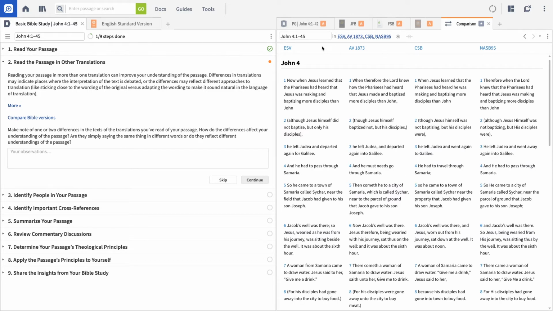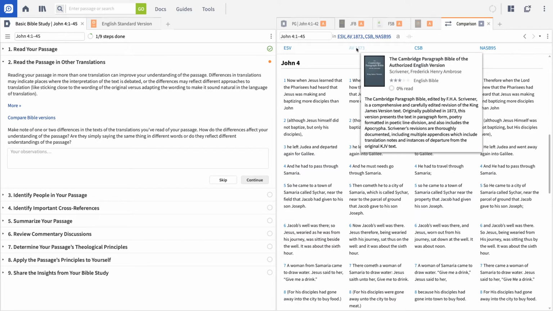So this is ESV. This is some sort of paragraph Bible. I'm not super familiar with this particular resource. Carefully edited and revised, an edited revision of the King James Version text originally published. This version presents the text in paragraph form. Poetry is formatted in poetic line division and also includes the Apocrypha.